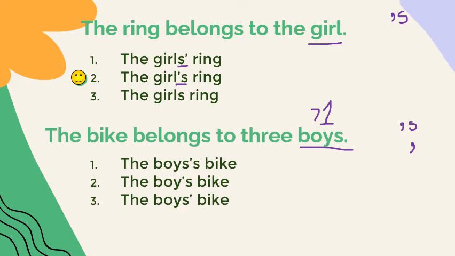I keep it in plural and then add apostrophe S. Does it make sense to have 2 S? Is it the boy's bike? The boy and then apostrophe S, it's like I'm talking about one boy? Or is it the boys' bike, boys, I have a plural, boys, and then I added apostrophe to show ownership? The answer is number 3, of course.